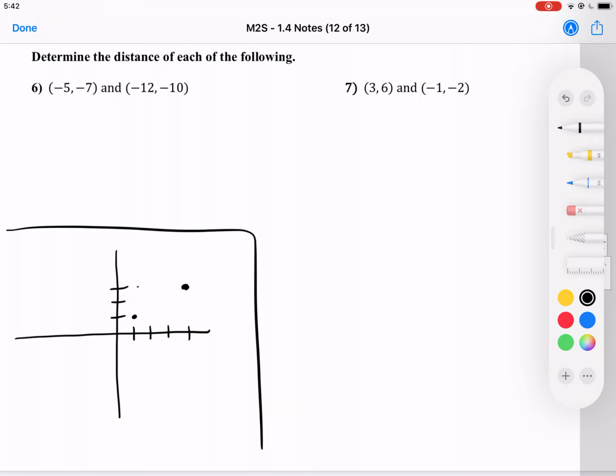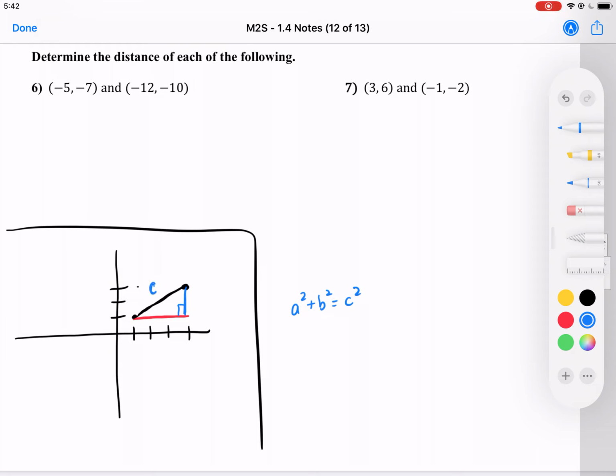When we're talking about distance, we're trying to figure out the distance between these 2 points, so this distance right here. Well, the way you do that is you find your horizontal distance right here, and then you also find your vertical distance between the 2 points. So you're making a little right triangle. If you remember the Pythagorean theorem, you do a squared plus b squared equals c squared.